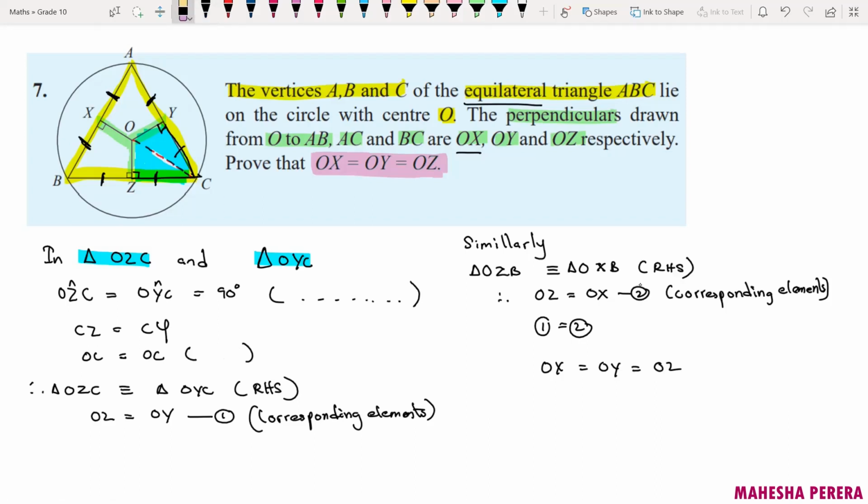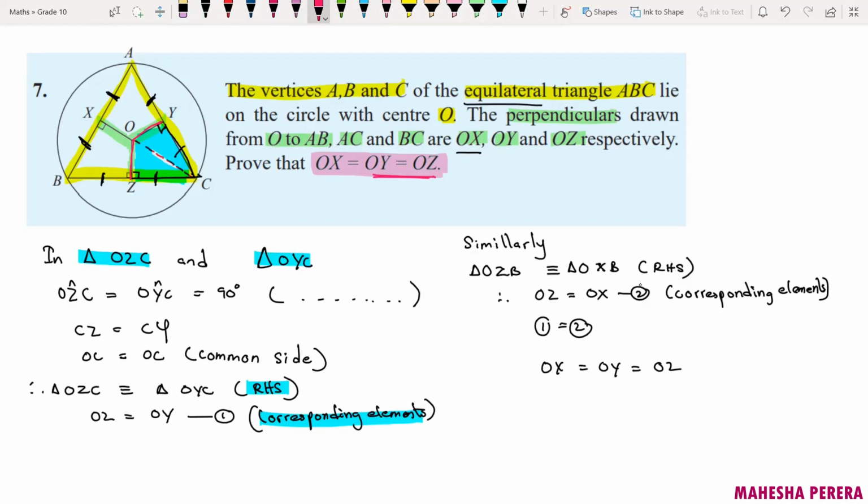So let's write the common side here. And therefore, based on RHS, these two triangles are congruent. So this means corresponding elements should be equal, right? So OY and OZ, they are equal, right? OZ equals OY, and it is my first equation.